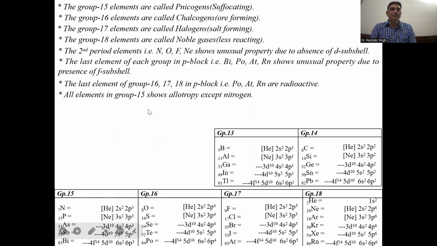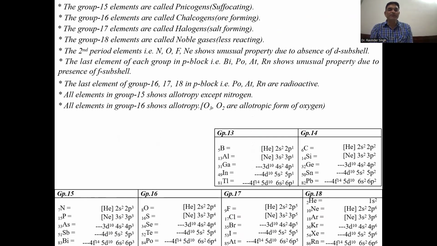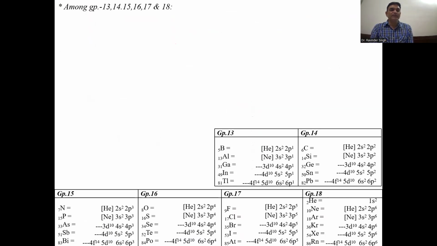So the other elements show allotropy, but nitrogen shows none. In group 16, oxygen has two allotropic forms, ozone and dioxygen, O3 and O2. Similarly, sulfur has monoclinic sulfur, triclinic sulfur, and so on, which are its allotropic forms. Group 17 and 18 elements show no allotropy.